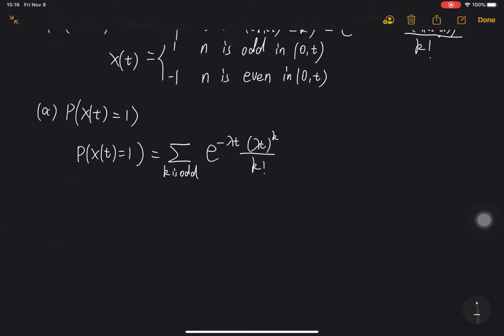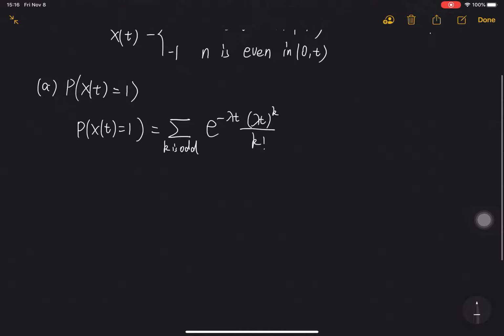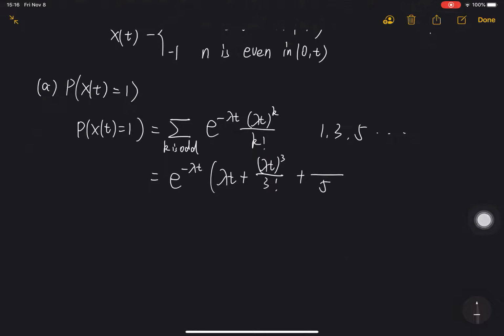So it's a sum of all the possible situations where k is odd. Let's open this sum. It's e to the minus lambda t times lambda t plus, since all the odd k can be 1, 3, 5, and so on, lambda t cubed over 3 factorial, lambda t to the 5 over 5 factorial, and so on.